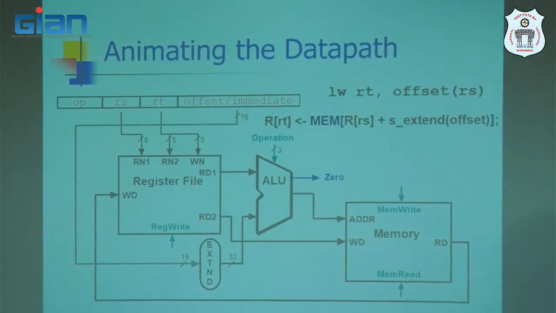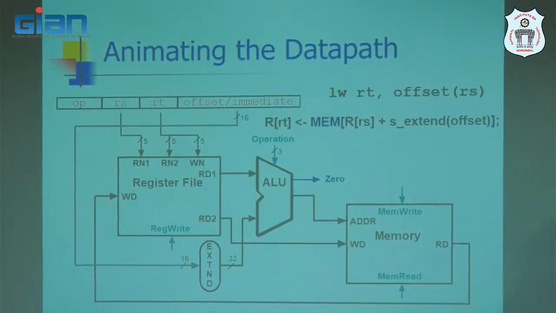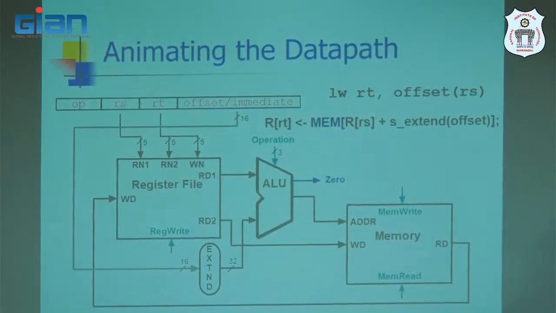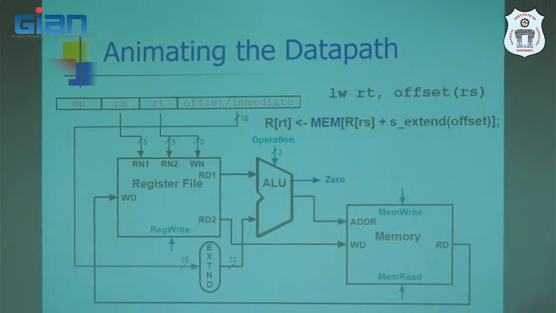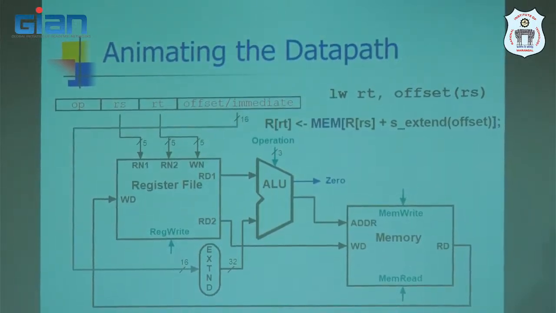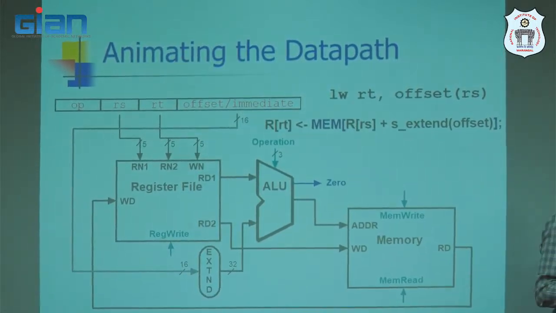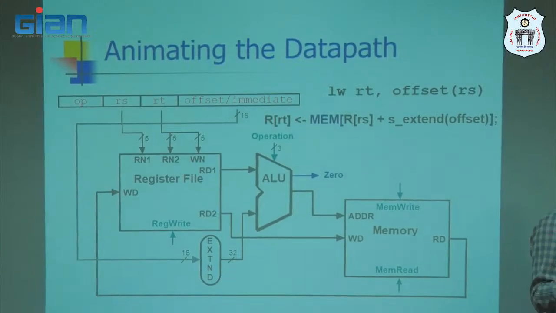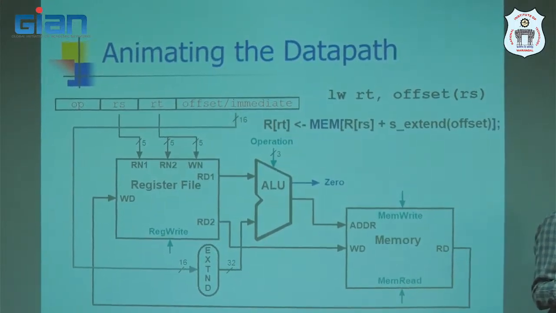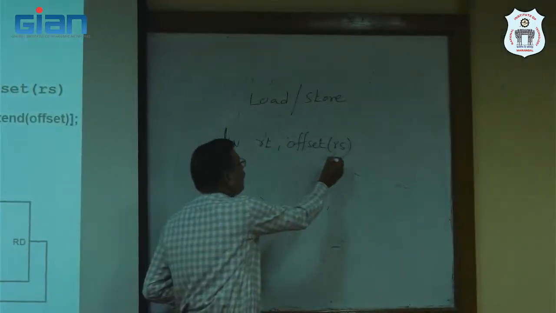So load word, LW RT, offset, RS. That means here we are reading data from the memory. The memory address is indicated in the RS register.